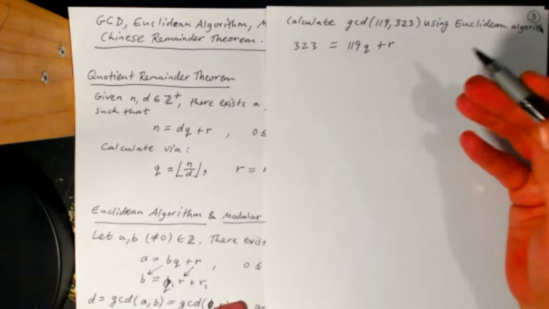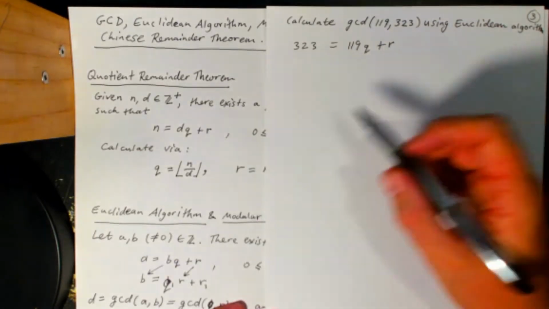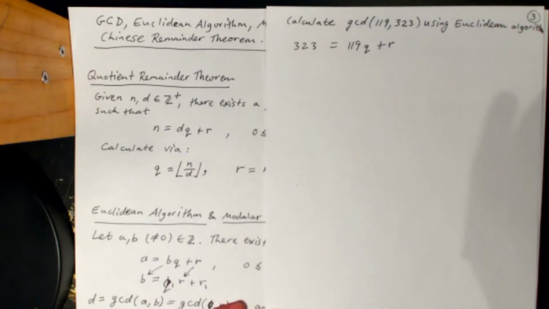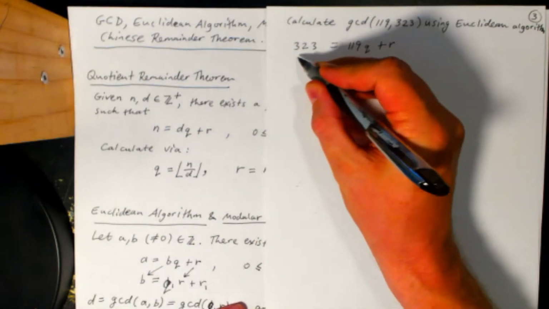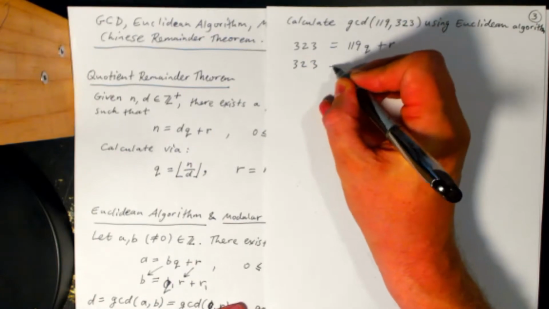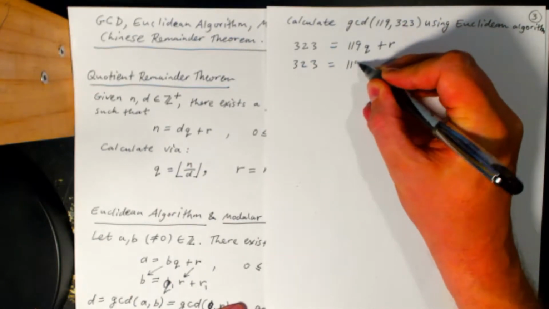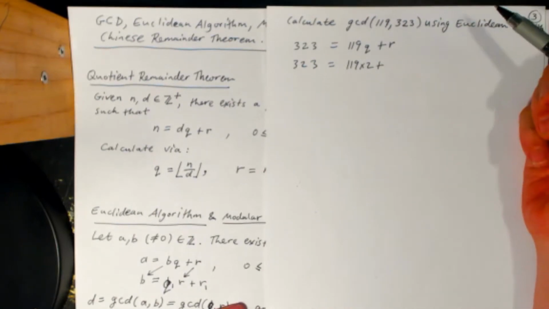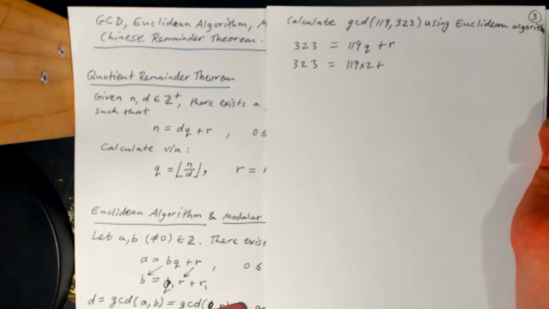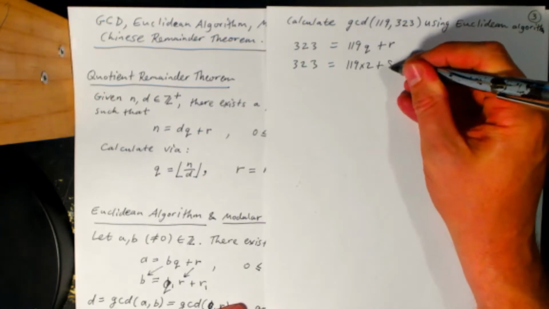So we throw away the part to the right of the decimal point, and we say that the quotient is 2. So 323 is equal to 119 times 2 plus our remainder. We can calculate the remainder by taking 323 minus 119 times 2, which is 85.